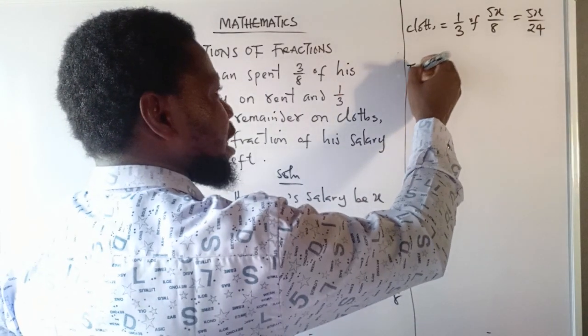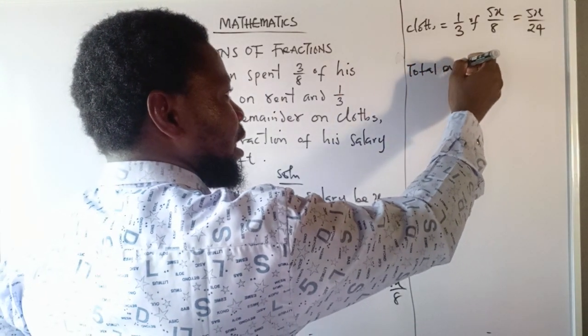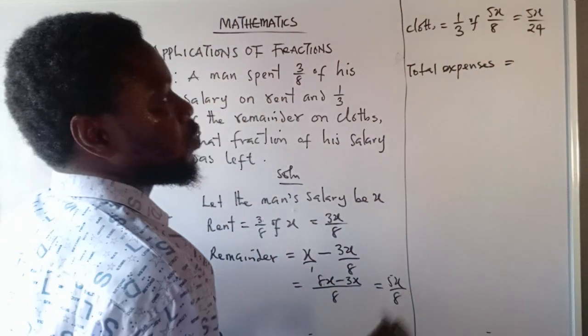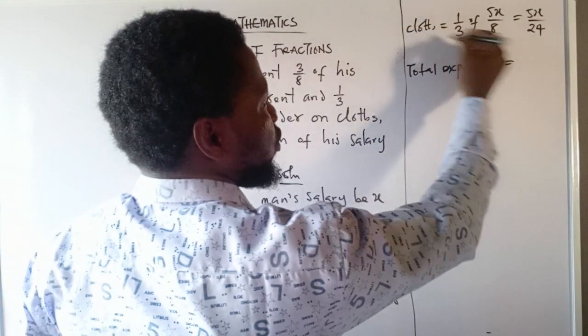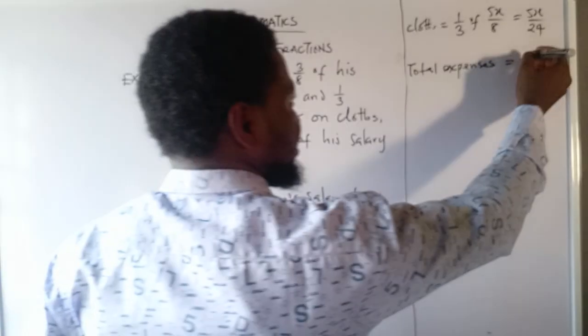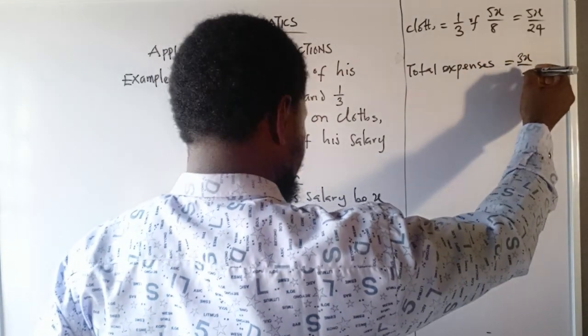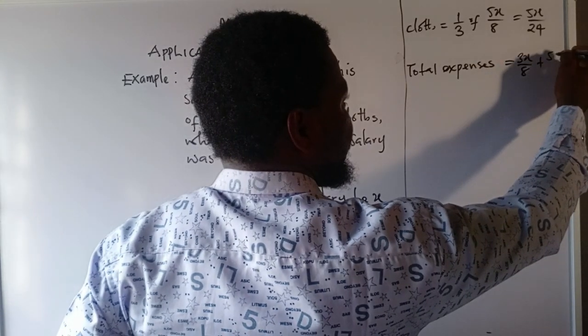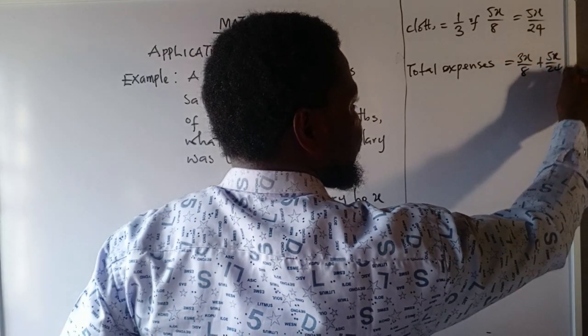Now they say what fraction of his salary was left. So before we can get this, we need the total expenses. What is spent on rent plus what is spent on clothes. Total expenses will now be equal to what he spent on rent, 3X over 8, plus what is spent on clothes, 5X over 24.